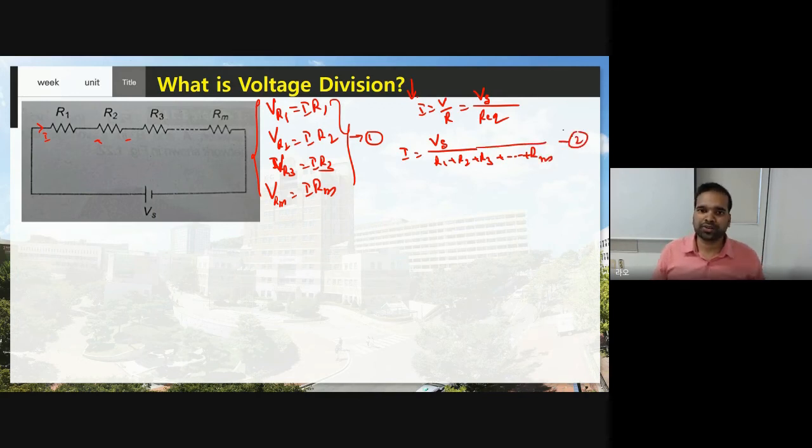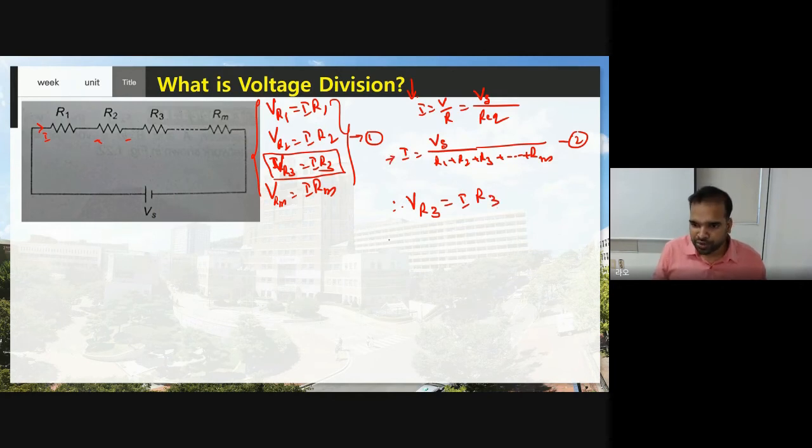Now what I need to do? Suppose if you want to find the voltage drop at R3, what is the formula? VR3 equal to I R3. Write it here. If you want to find voltage drop at R3 resistor, this is the formula, I R3. Now you know the current I, right? Can you substitute here?